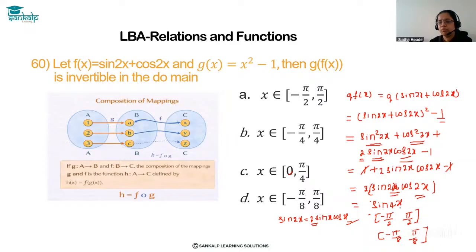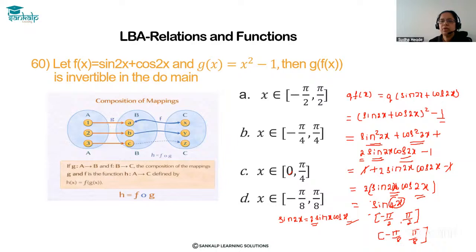Divide by 4, because here to get sin x you are dividing by 4. Got it? Therefore, the function is bijective in the closed interval minus pi by 8 to pi by 8. So if it is bijective, it is invertible also. Therefore, the function is invertible in the range minus pi by 8 to pi by 8.